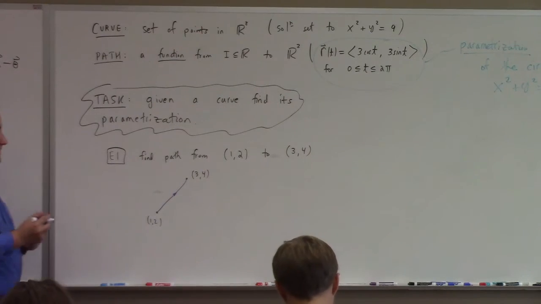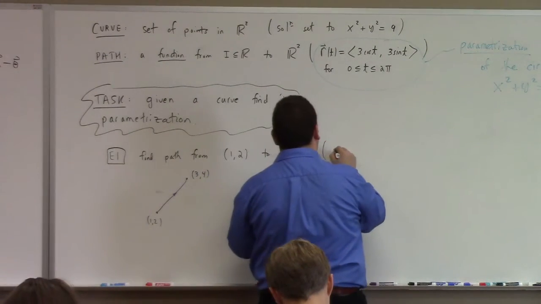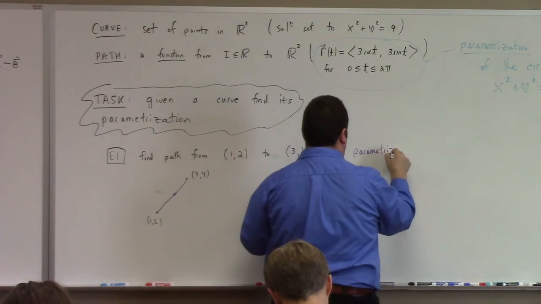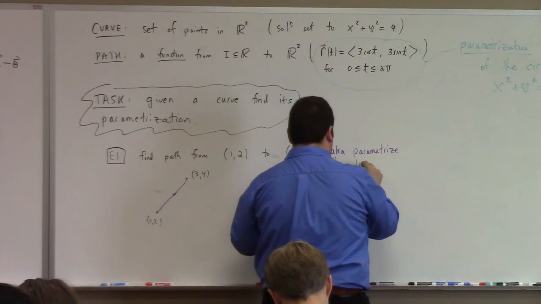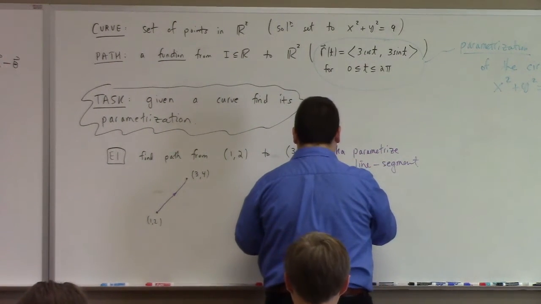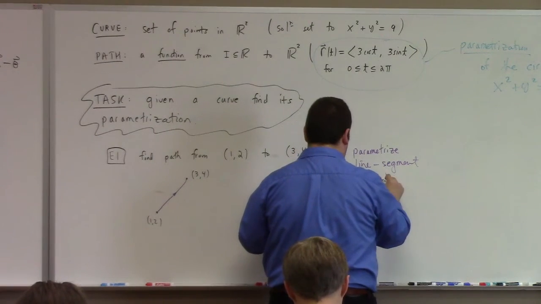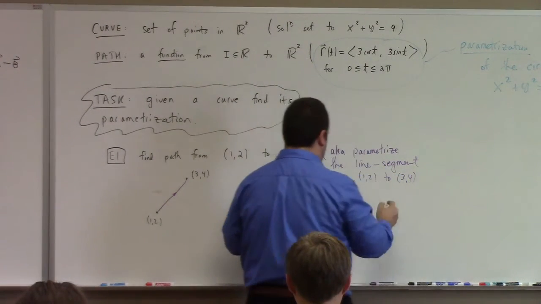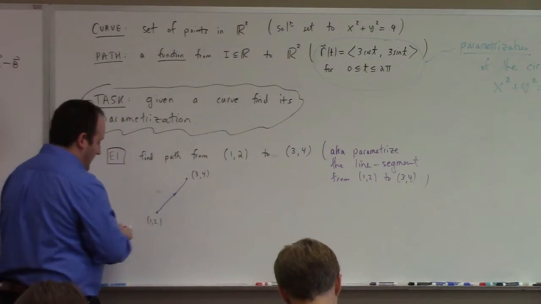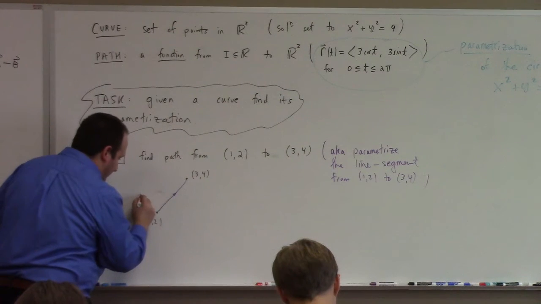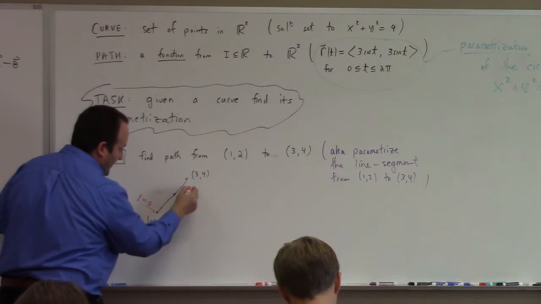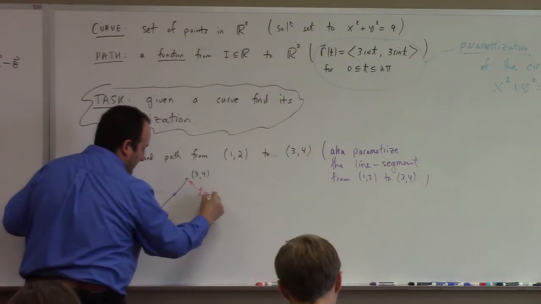And I'm going to put a little more on us: I want this initial point to be where t is equal to 0, and I want this final point over here to be t equals 1.